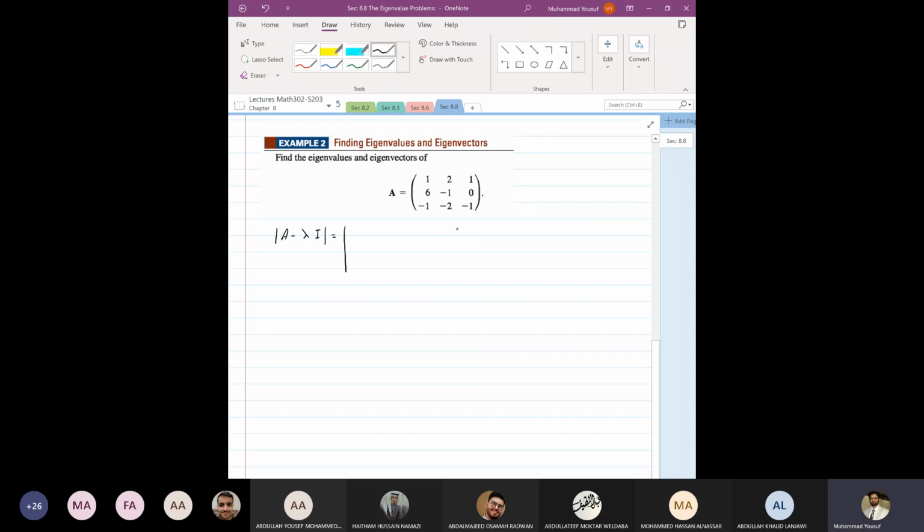This determinant is: 1 minus lambda, 2, 1; 6, negative 1 minus lambda, 0; negative 1, negative 2, negative 1 minus lambda. Is this clear to everyone, or you don't know how I got this? Clear. If it is not clear to anyone, he should ask me.